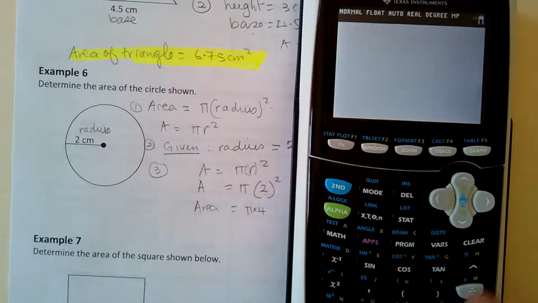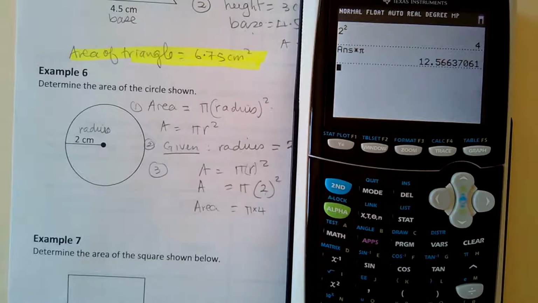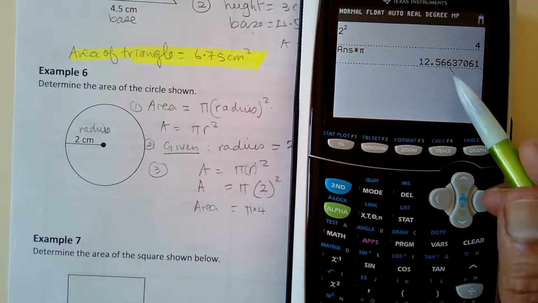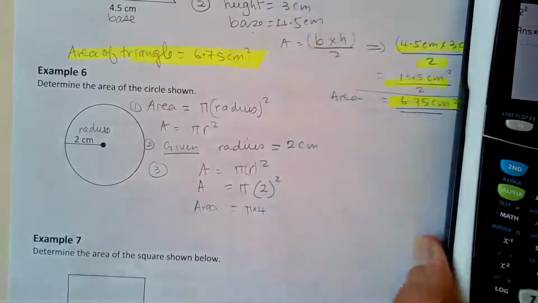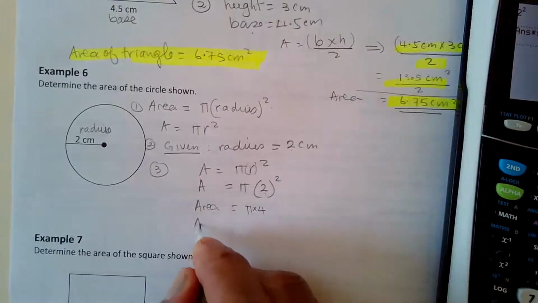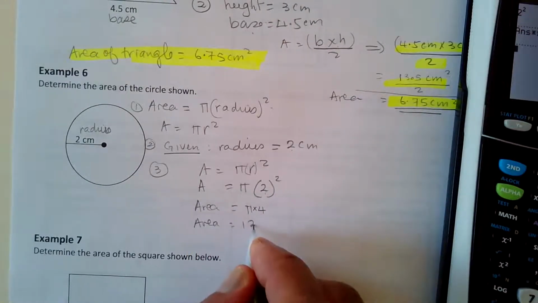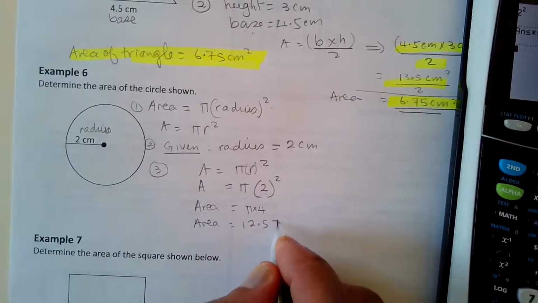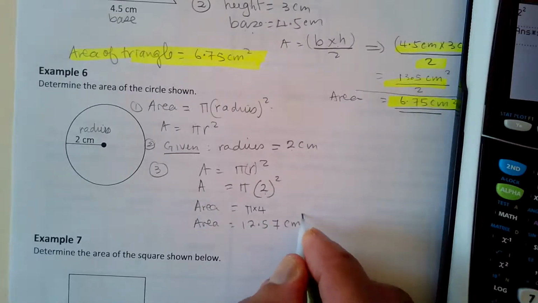I'm going to use my pi button, which gives 12.566. So we round that to 2 decimal places, 12.57. So area is 12.57 centimeters squared.